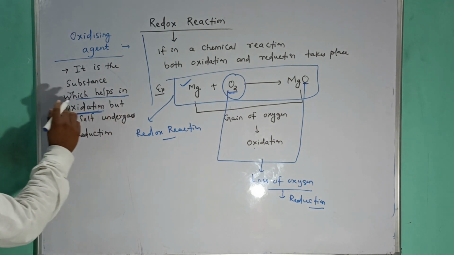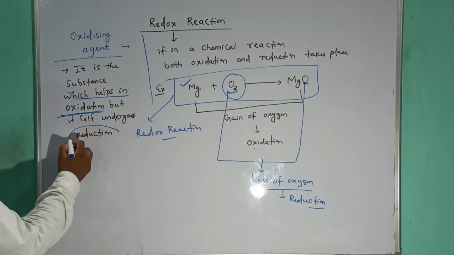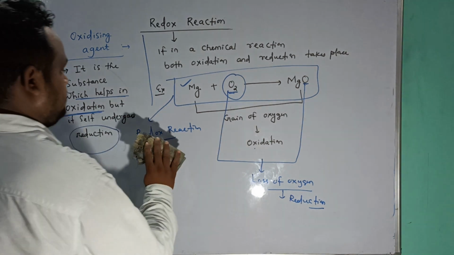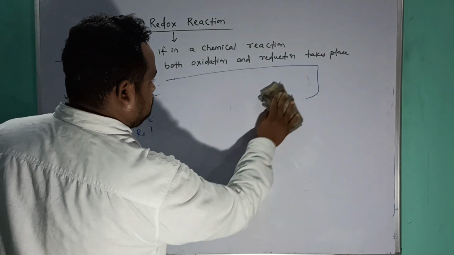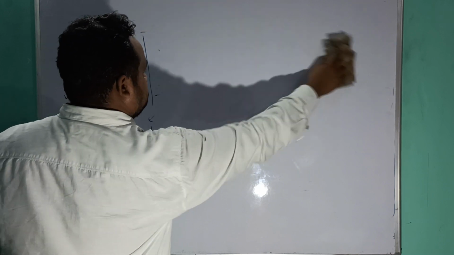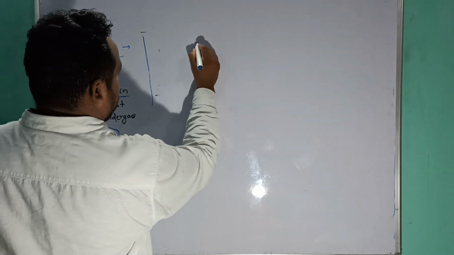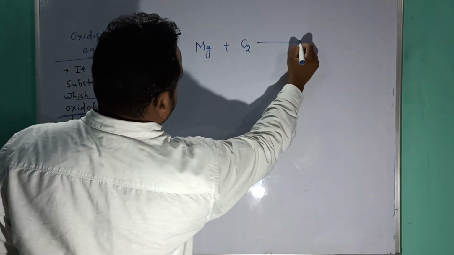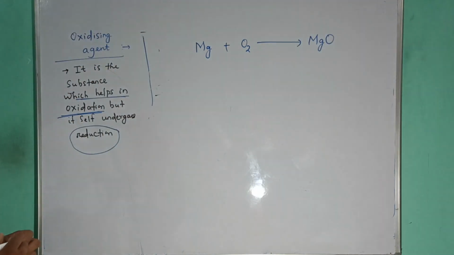ऑक्सीडेशन होने के लिए ये हेल्प करेगा, बट खुद का क्या होगा? Itself undergoes reduction. खुद रिडक्शन हो जाएगा. अब ये रिएक्शन एक बार और लिख रहा हूँ. रिक्वायर सम स्पेस. मैग्नीशियम plus oxygen give rise to magnesium oxide.